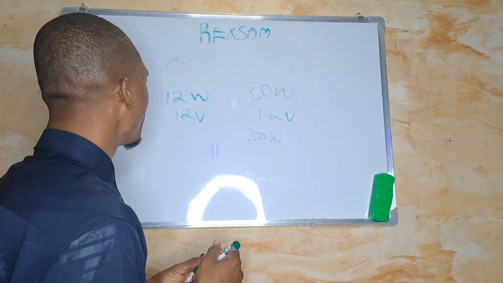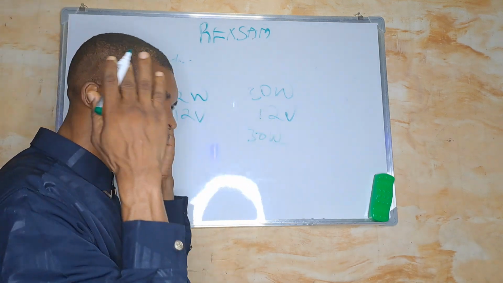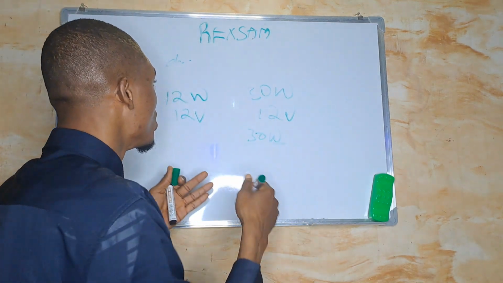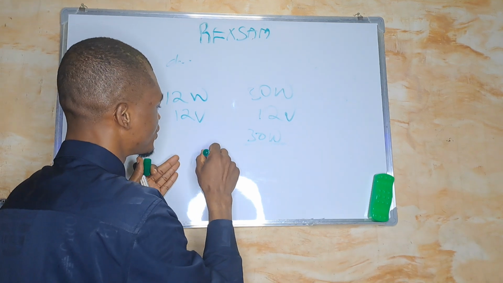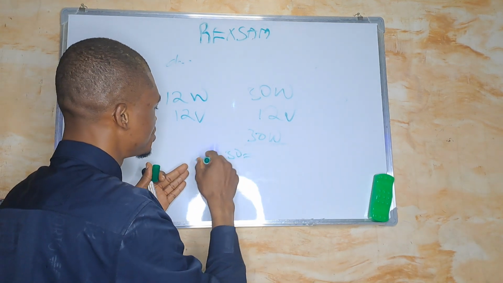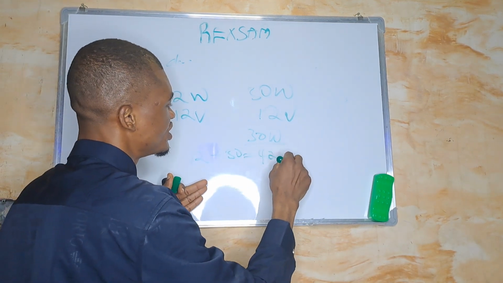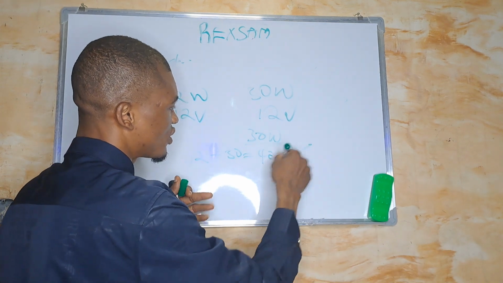So if we combine this in our normal sense of reasoning, you can just say if we add 12 plus 30, it should give us 42. But this is far wrong.